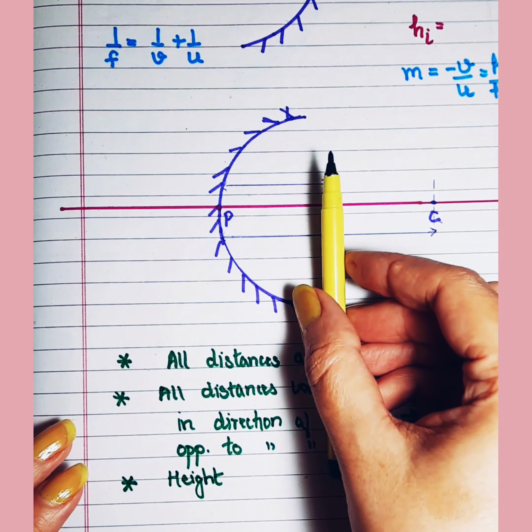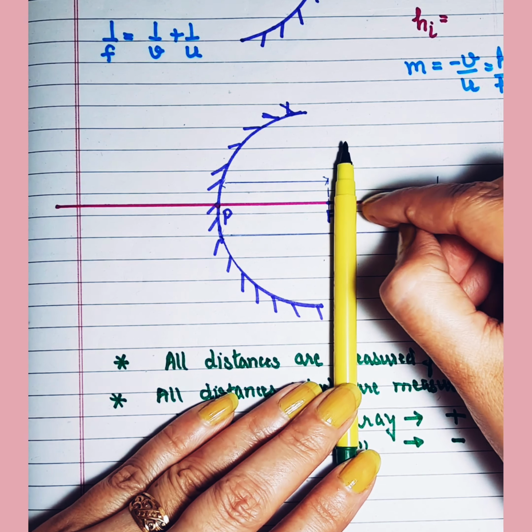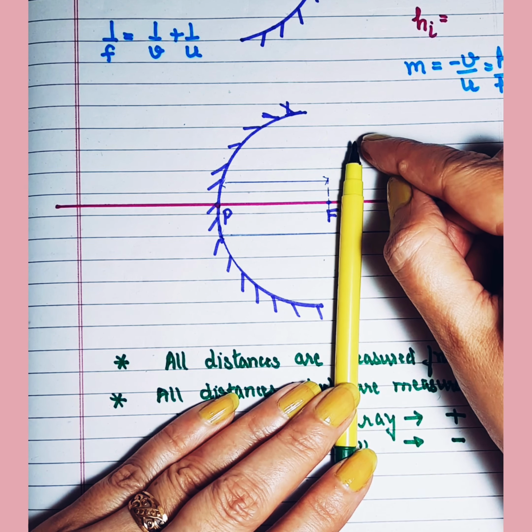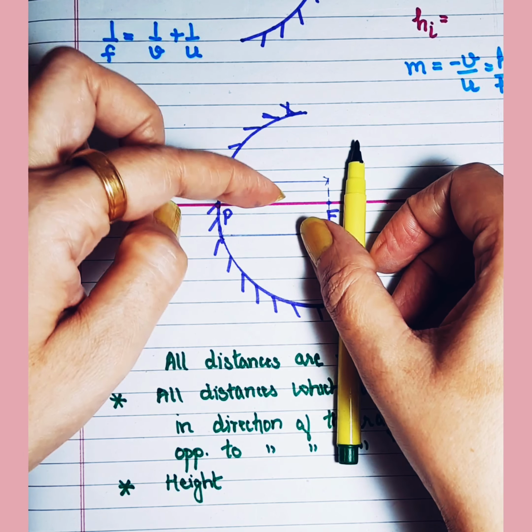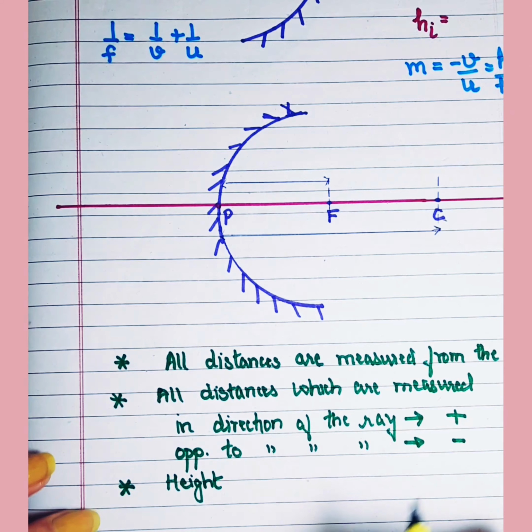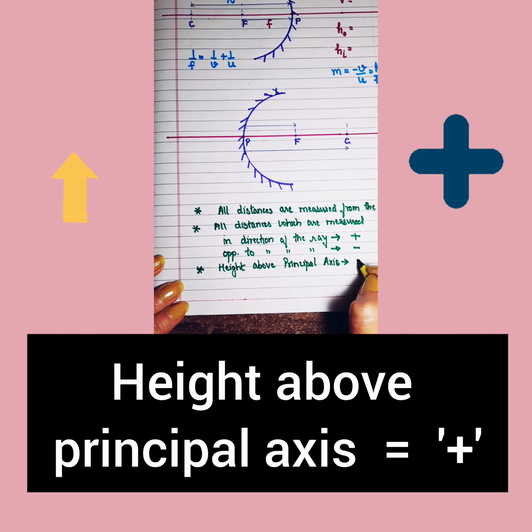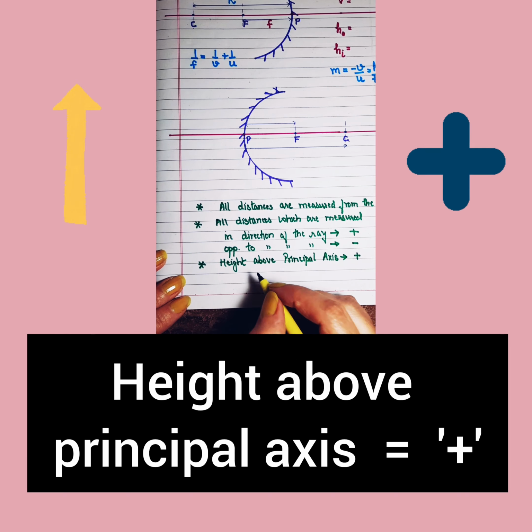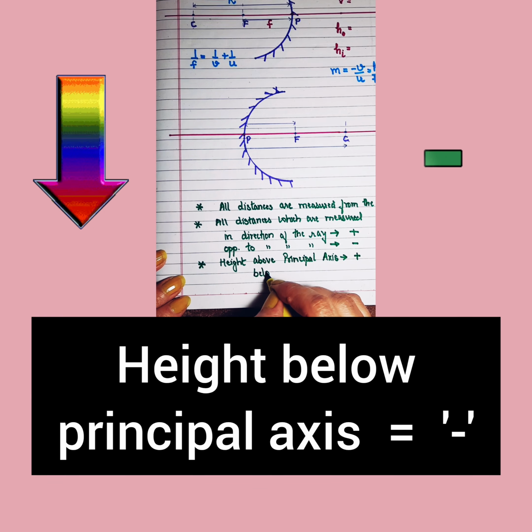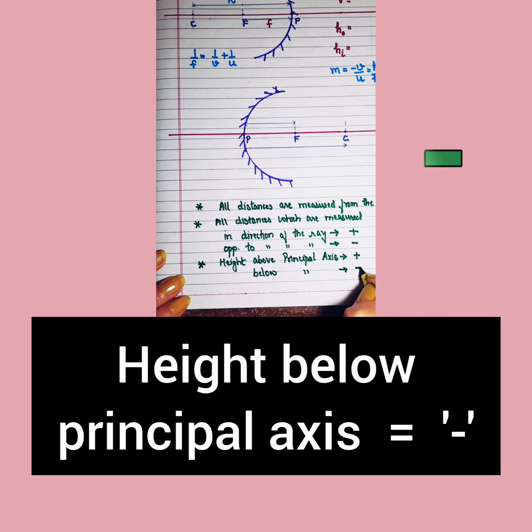Suppose I place my object here, then the height of my object will be from the principal axis to the topmost point. So any height measured above the principal axis will be taken as positive, and any height measured below the principal axis will be taken as negative.